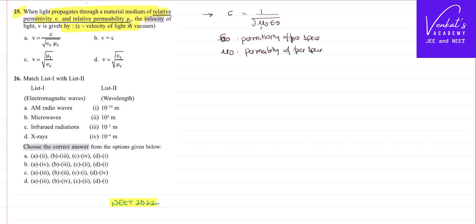These are actually the values of electric and magnetic field influence parameters, to understand how good or how bad that medium is in passing electric and magnetic fields through it.